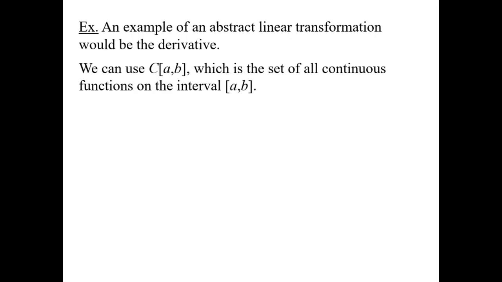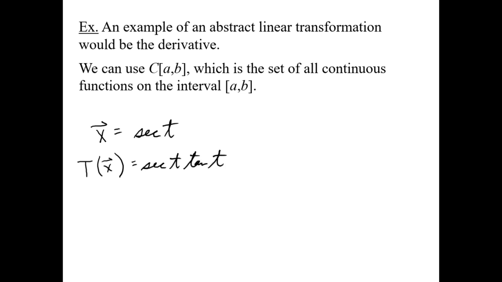An example of an abstract linear transformation that isn't just matrices would be the derivative. A linear transformation takes something and changes it into something else that has those linearity properties. We saw that that was true for derivatives. So if my vector was, how about secant of t, and my linear transformation is the derivative transformation, then the output would be secant t tangent t.